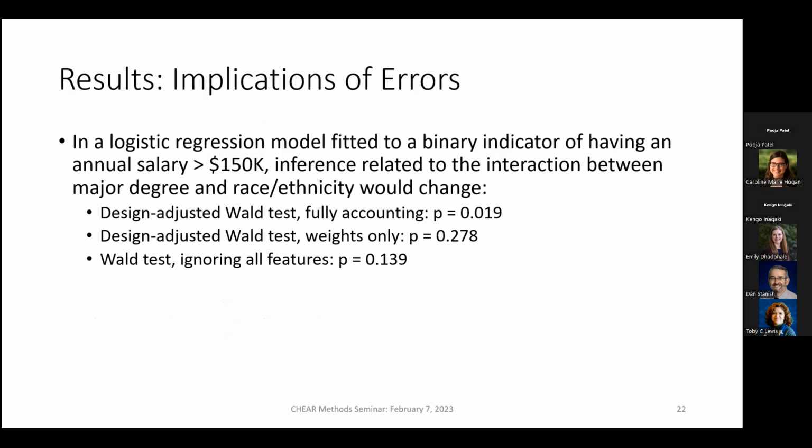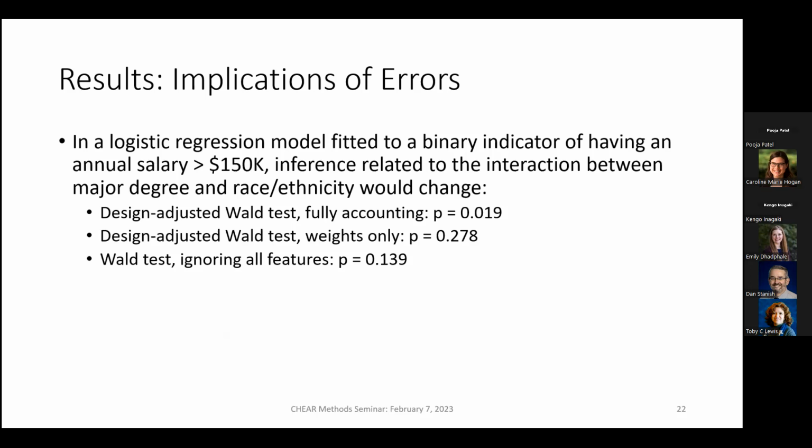Fully accounting for the sampling features, there's a significant interaction that we need to worry about, where race ethnicity moderates the relationship of degree with having a higher salary. If you only use the weights in estimation, it's like nothing's happening. If you do a Wald test ignoring all these design features, it looks like nothing's happening. So you might miss an otherwise interesting finding by ignoring the design features.